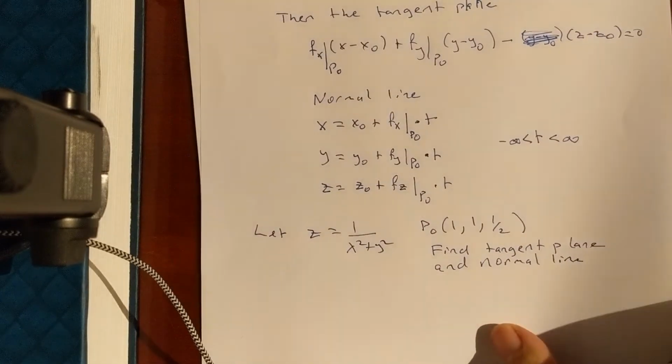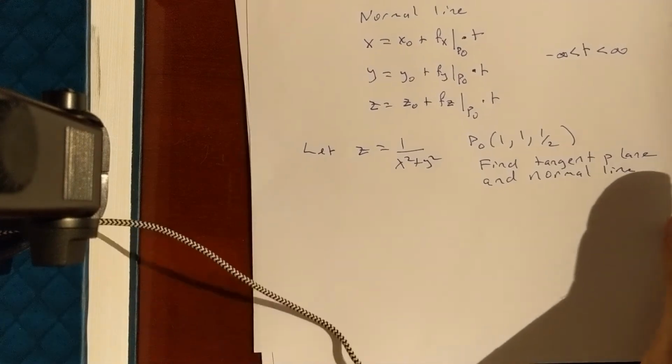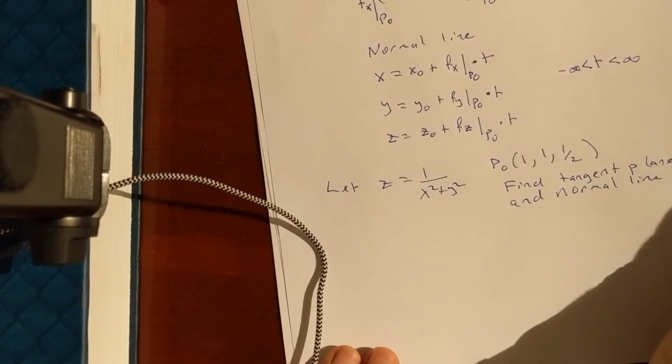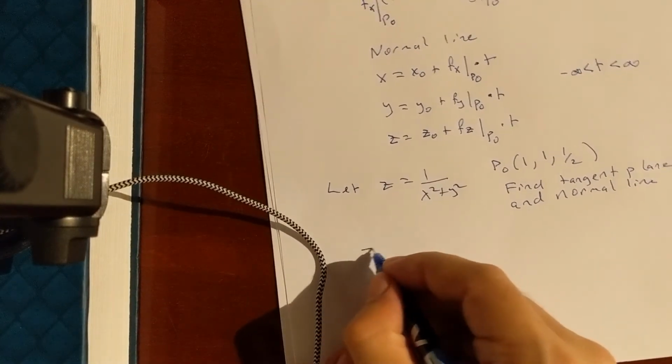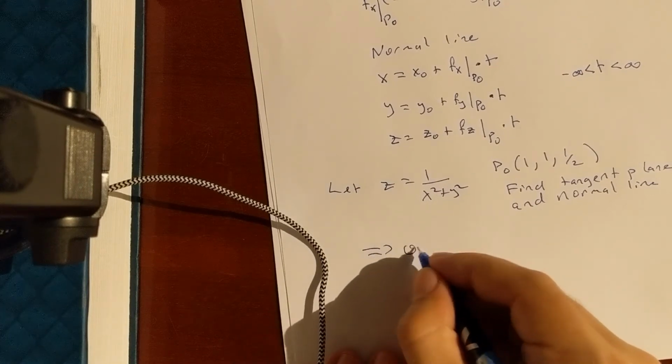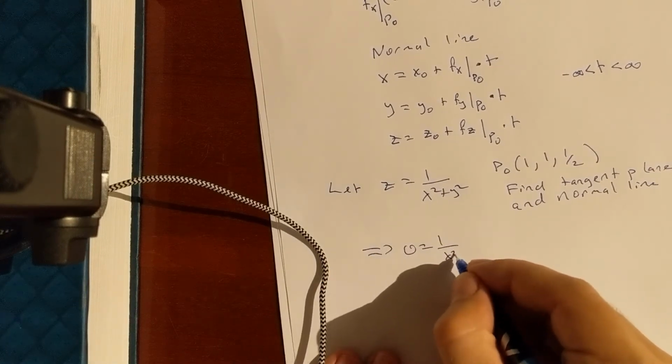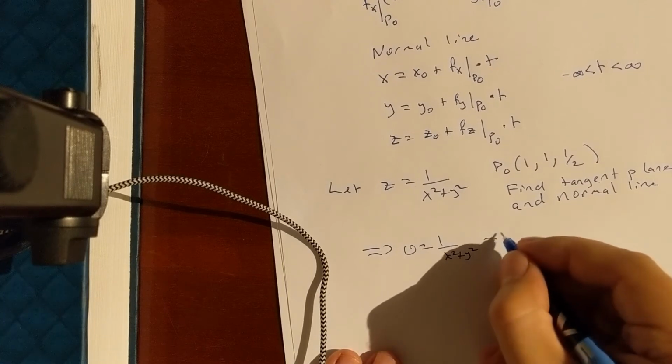So we think of this as 0 equals 1 over x squared plus y squared minus z.